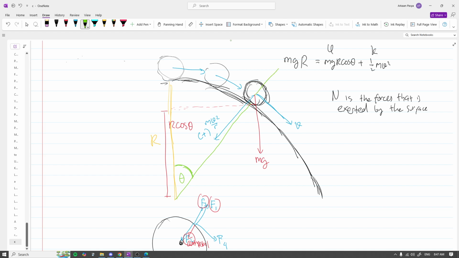Let there be a normal force here that is always perpendicular to the surface. N is perpendicular to the surface.